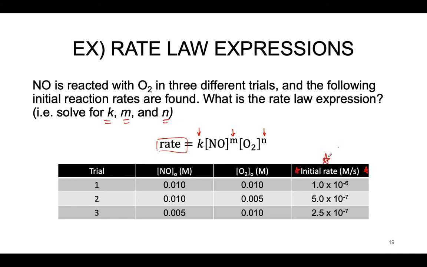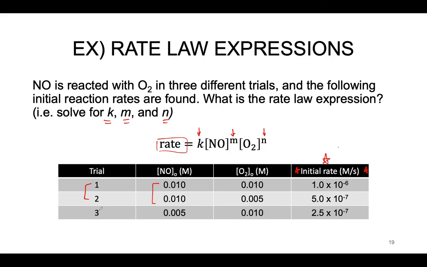So how we're going to do that is by cleverly observing our data down below. Now, throughout these trials, we can observe between trials 1 and 2, it looks like the concentration of nitrogen monoxide was held constant. It was held in control. In other words, we are observing how altering the concentration of oxygen initially impacted the initial rate.